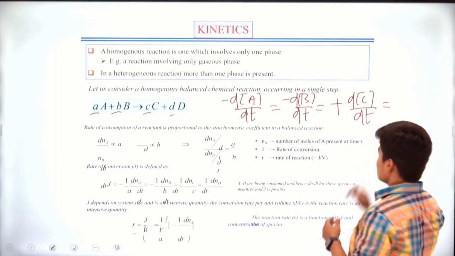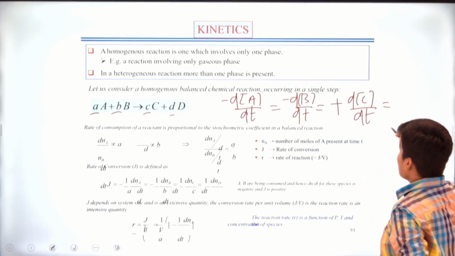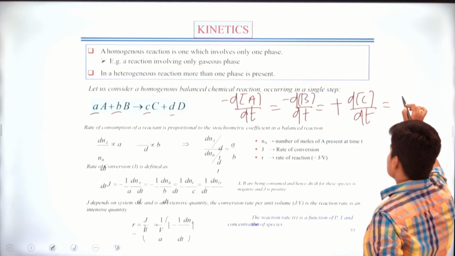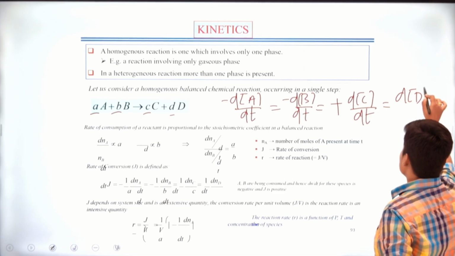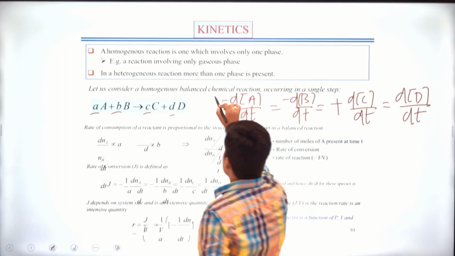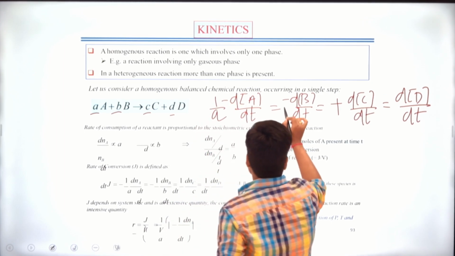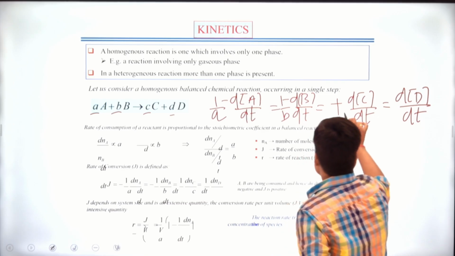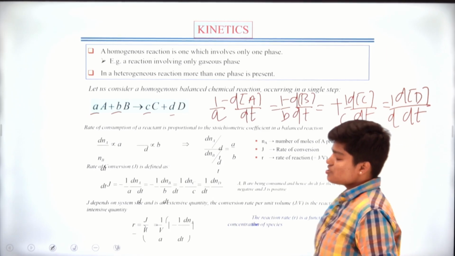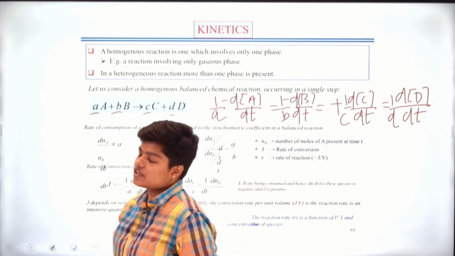This is the first equation from kinetics, for a homogeneous reaction. From the homogeneous equation we write the rate law, with the coefficients in ratio: 1 by a, 1 by b, 1 by c, and 1 by d.